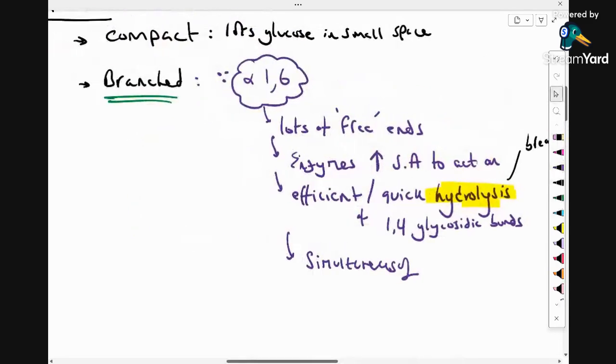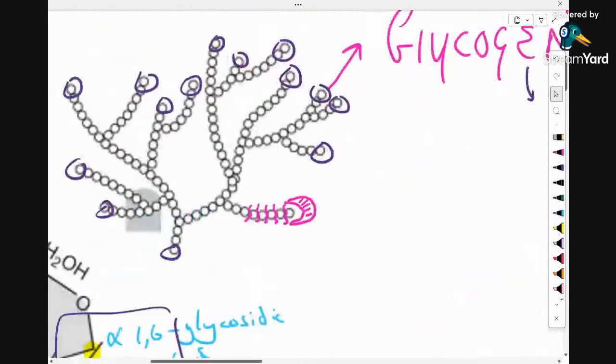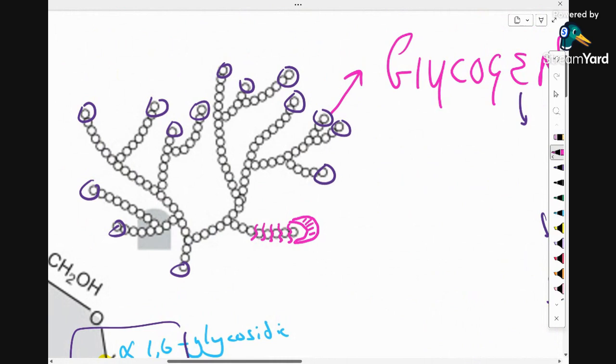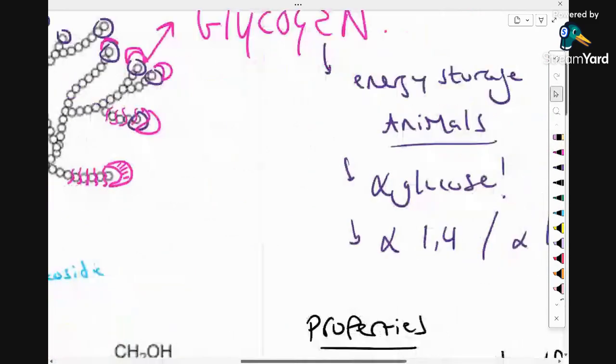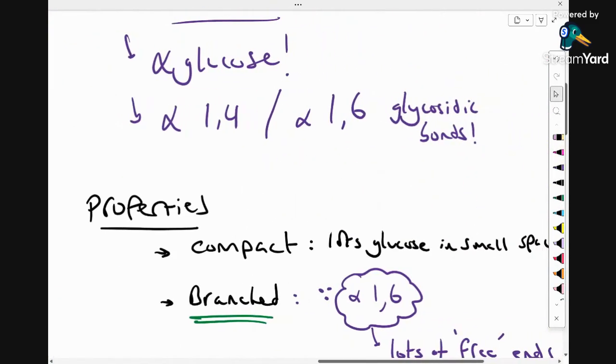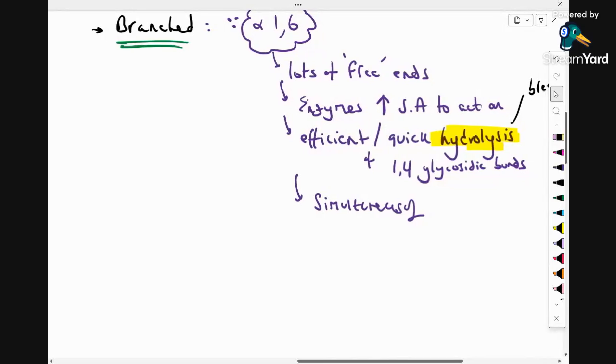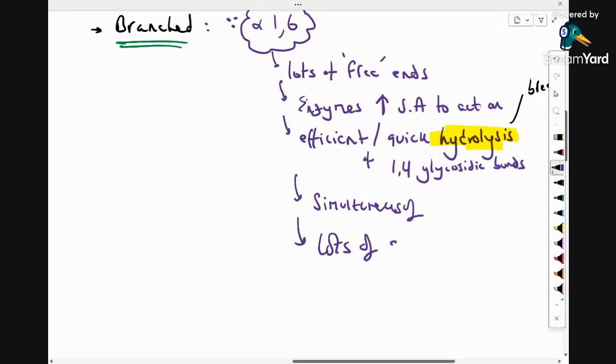Sorry, handwriting is getting a bit dodgy now. Happens simultaneously. What I mean is these enzymes can bind to all of these free ends at the same time. And so we can start hydrolyzing all of these bonds, releasing lots of glucose quickly. So this can happen simultaneously, and we therefore release lots of glucose, the monomers.